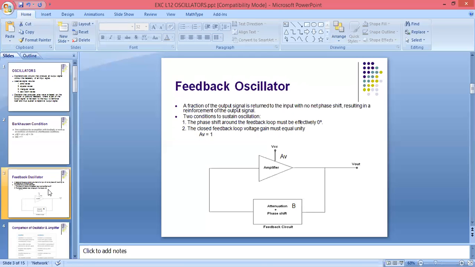But here we are taking positive feedback, and also there is no need of an input signal. So we are calling that an oscillator. Here a fraction of the output signal will return to the input with no phase shift.